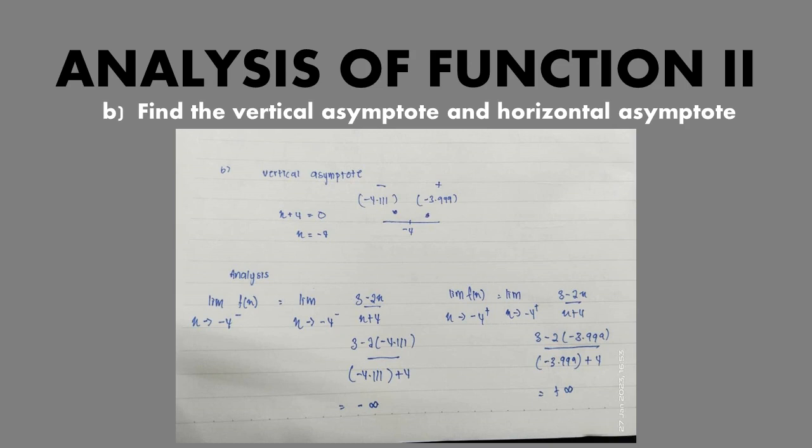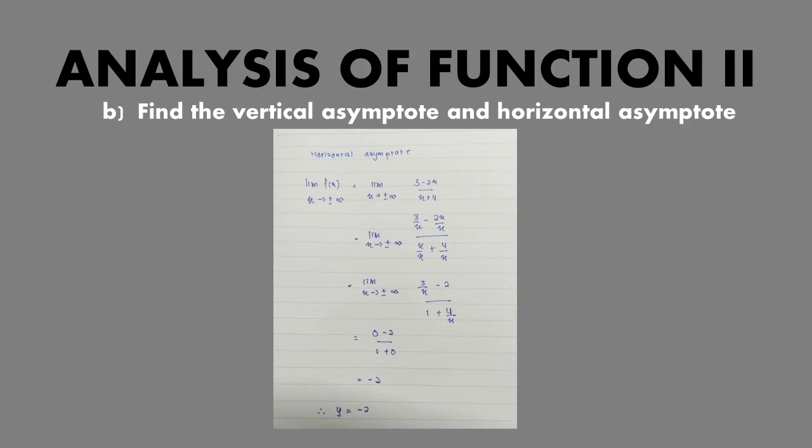After that, for the limit as x approaches −4 from the right, we substitute x with −3.999, and then we get positive infinity.